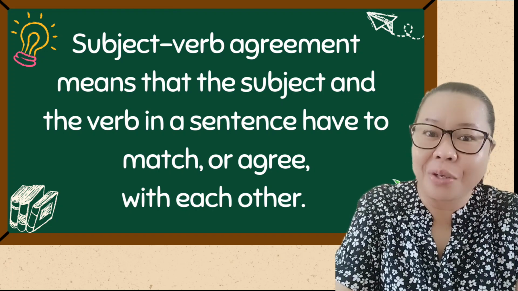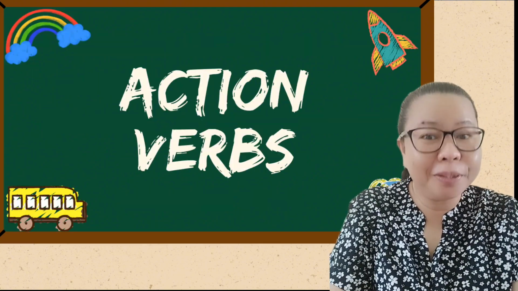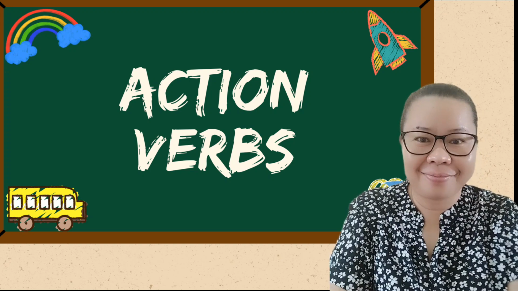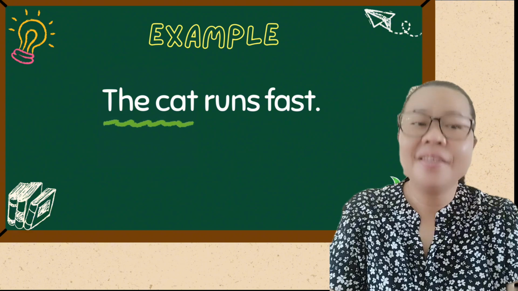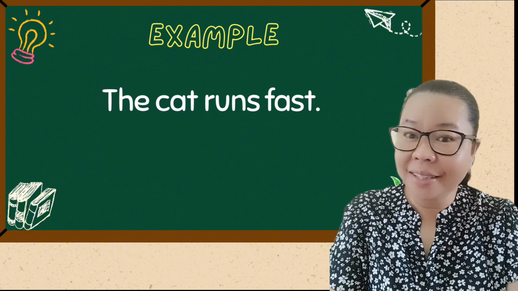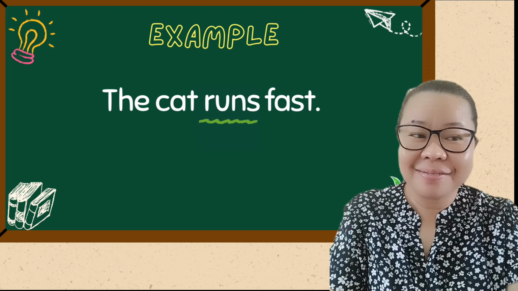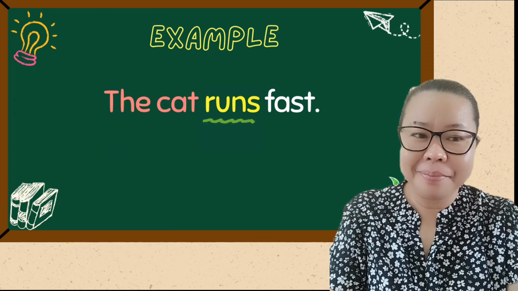They just go together. Let's start with action verbs. Verbs that show what someone or something is doing. Example, if the subject is singular, like the cat, we say, "The cat runs fast." Singular subject, singular verb.